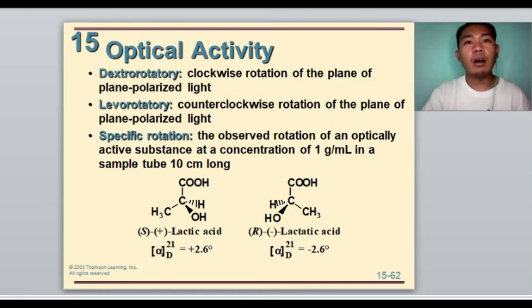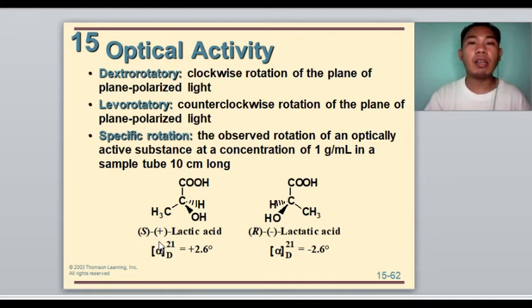The number of degrees by which an optically active compound rotates the plane of polarized light is called the specific rotation and is given the symbol [α].